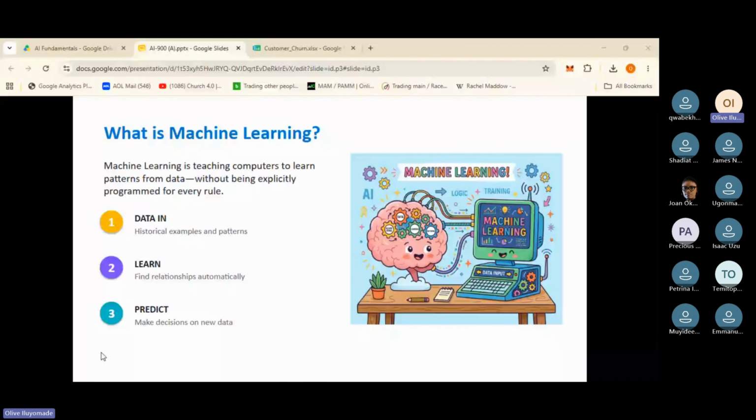So how do you teach the machine? You put historical examples and patterns into the machine. You load them in. The machine learns by finding relationships automatically, and then it makes decisions on new data. That new data would be when you put in a request, and it will now make a decision.